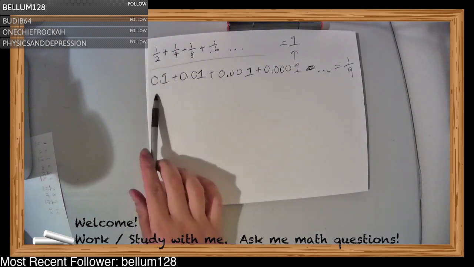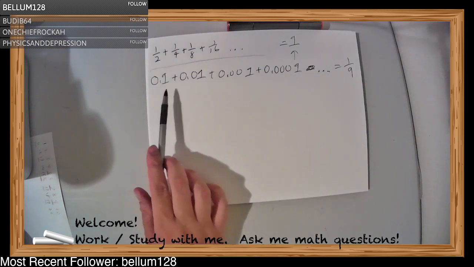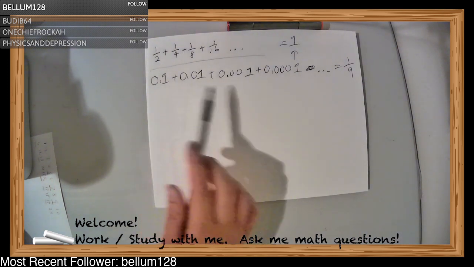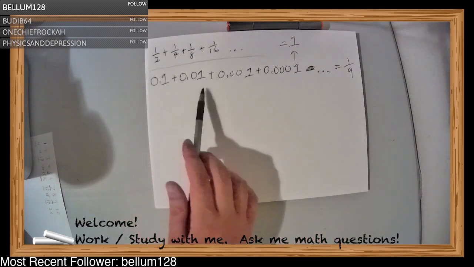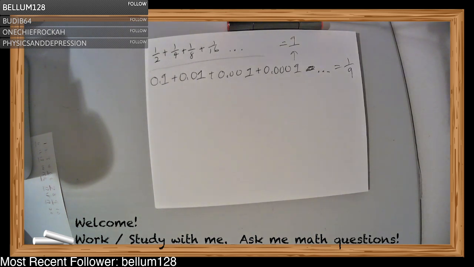Because you add these two together, you get 0.11. You add the next one, you get 0.111. You add the next one, you get 0.1111. And for those of you who are well initiated with repeating decimals, know that the sum is 0.11111111, and that is equal to 1/9. So there we go. That is the second series.